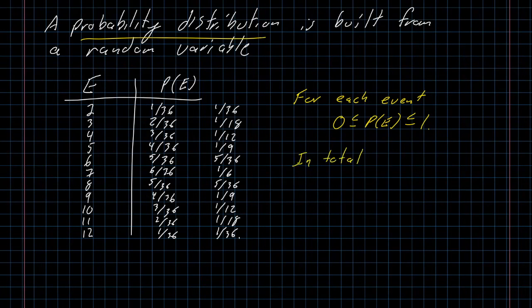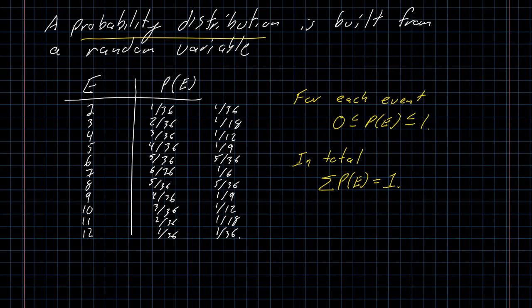The other thing we can take into account is the idea that these events partition the sample space. Every event is represented exactly once. And we know that in total, something has to happen.